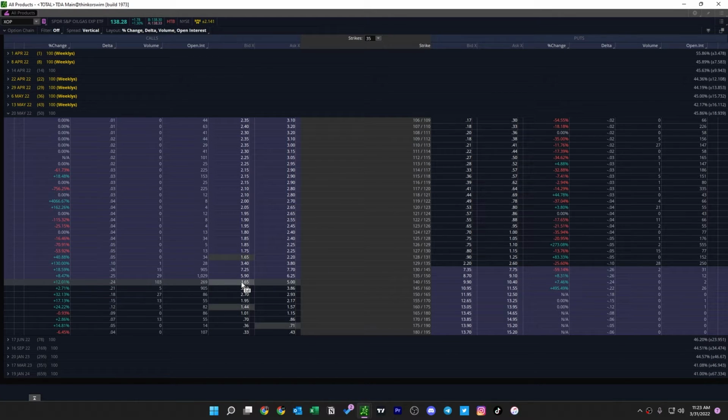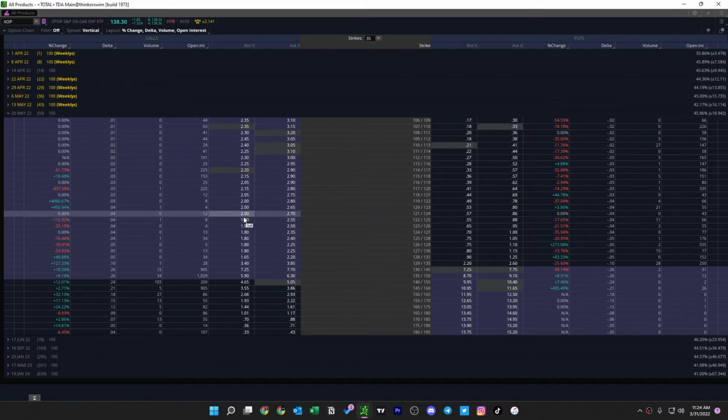But that's okay, because the long position offsets the other contract because it's closer to at the money, and at the time of the sale of the spread, we're deeper in the money with the 140 contract.